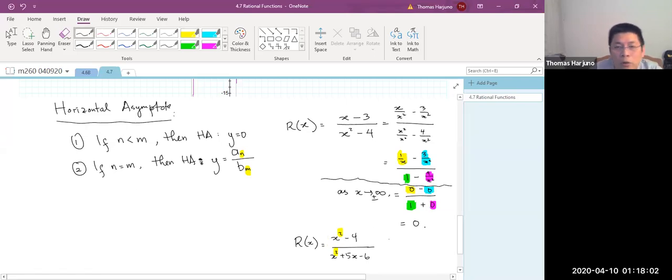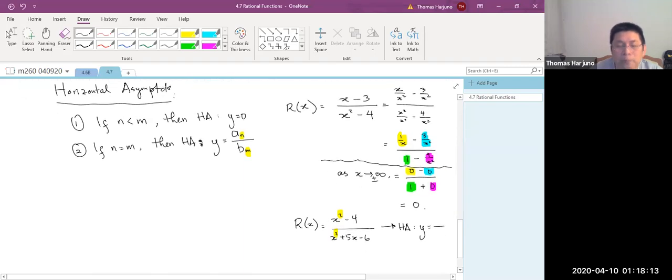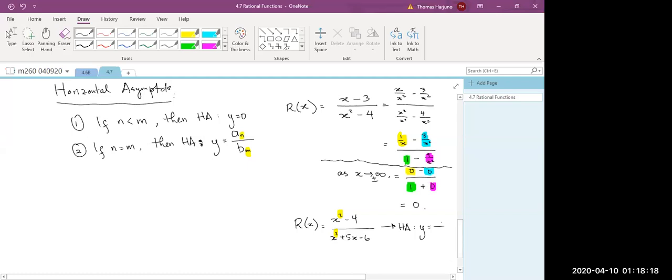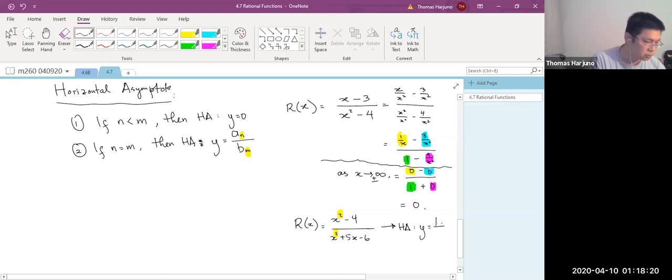So the horizontal asymptote will be y equals, the leading coefficient on the top is 1, and the leading coefficient at the bottom is also 1. So the horizontal asymptote is y equals 1.